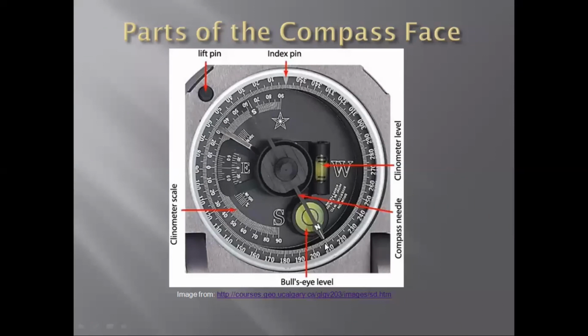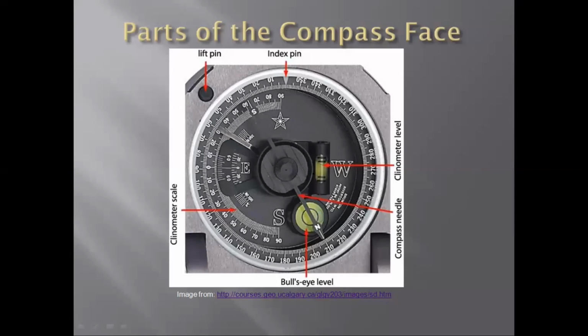Okay, you can see the bullseye level and you might see the bubble in it. The bubble I think is on this side. When you are measuring the strike of the feature, this bubble should be in the center. तो ये जो सर्कल आपको नजर आ रहा है ब्लैक, ये बबल जो है it should be in the center.